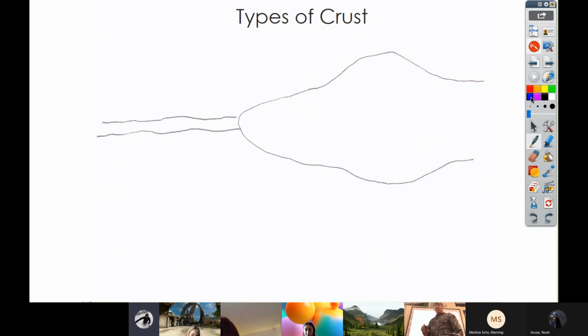Then I'm going to grab a blue pen here because I'm going to show the water of the ocean. Something like that. And so that should give you a pretty good hint that the plate on the left is what we call oceanic crust.